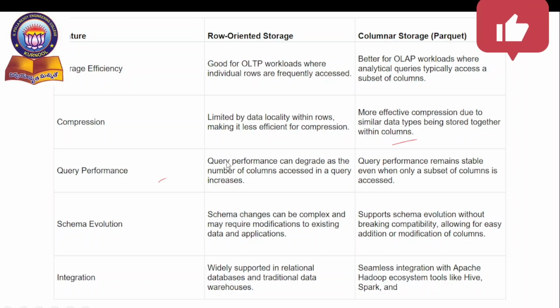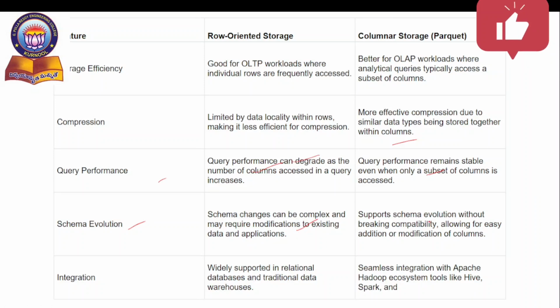Query performance. Query performance can degrade as the number of columns accessed in a query increases. Whereas in column storage, query performance remains stable even if only a subset of columns is accessed. Schema evolution. Schema changes can be complex and may require modifications to existing data and applications.